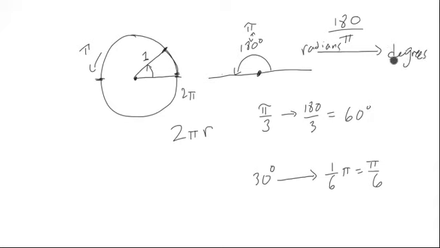Now, as we move the other way from degrees to radians, it's like we're replacing 180 with pi. So we're dividing by 180 to get rid of it, and then replacing it with pi. And so that's another way of thinking about that.